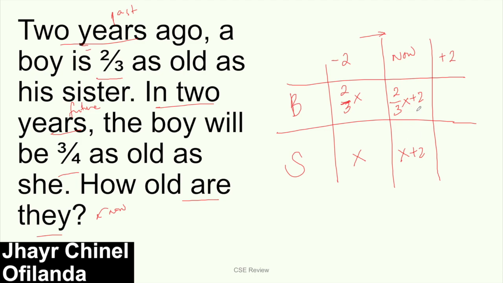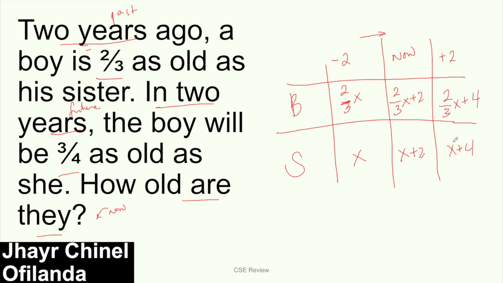Okay? Ngayon, dito tayo sa in the future. Kung 2/3 X plus 2 siya, now, in the future or in 2 years, dadagdagan mo pa yan ng 2. So, magiging 2/3 X plus 4. Ito naman, X plus 4.